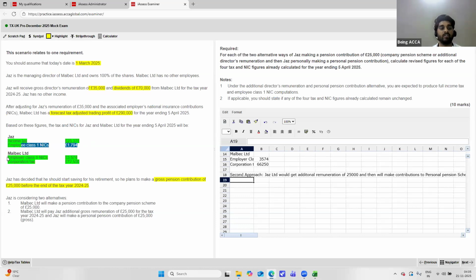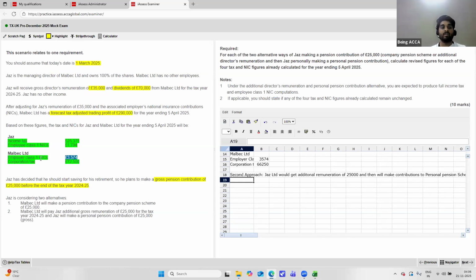Now, the third value that we will be calculating is employer class 1 NICs. Because the employee class 1 NICs are being affected based on the remuneration, employer class 1 NICs will also be affected in the same manner. So this value will also change.